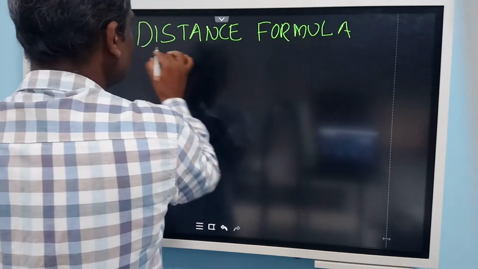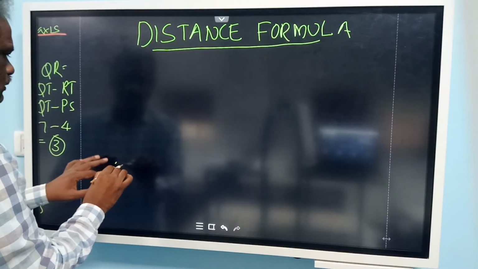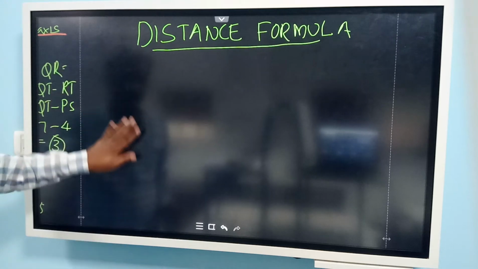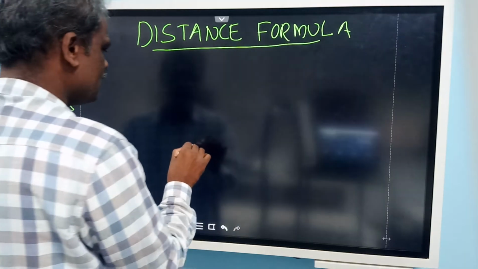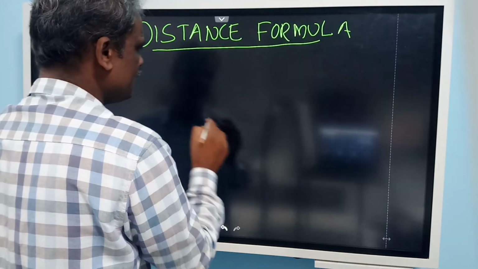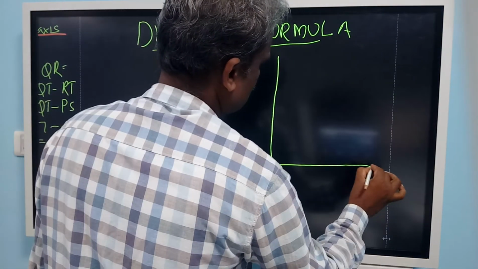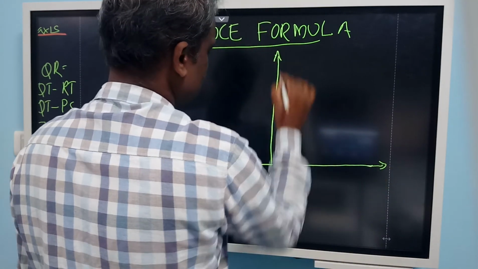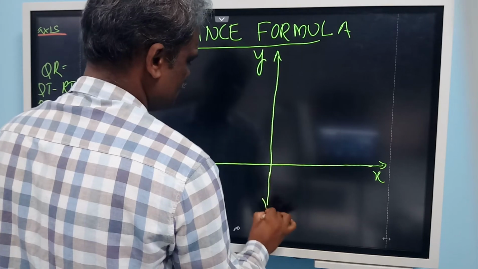So how to find the distance formula? Let us see now. We are going to discover a formula here. For that, let us take a Cartesian plane here, x-axis and y-axis. So you can take this as x-axis and this is y-axis.